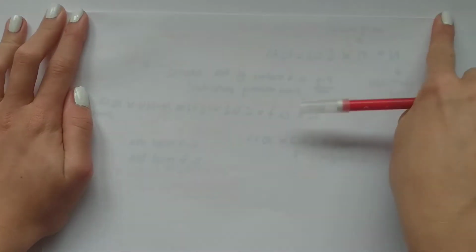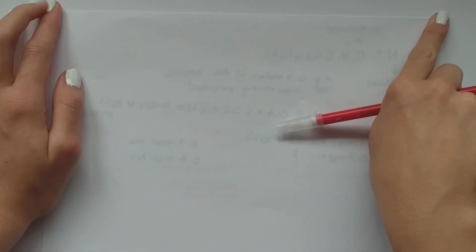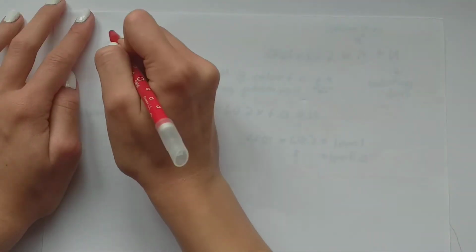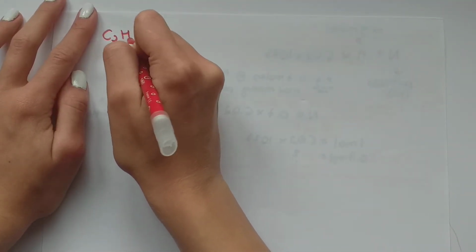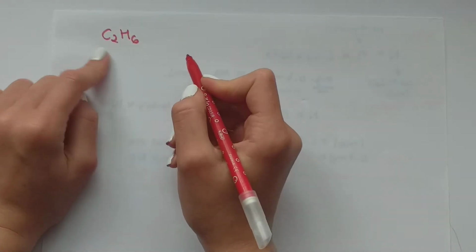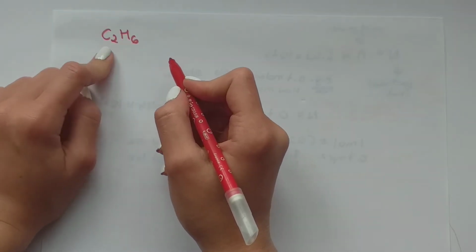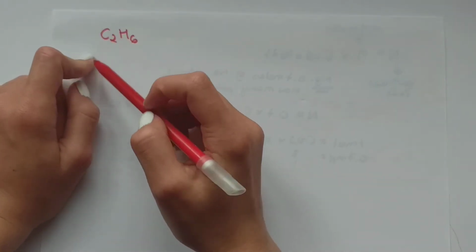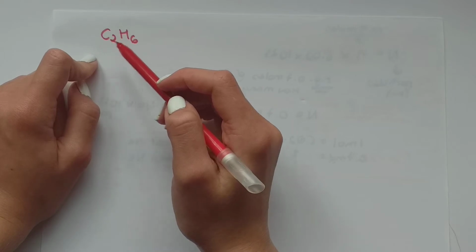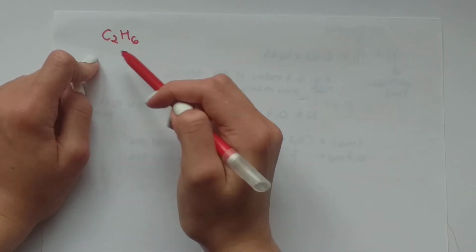So before we go any further, what is an empirical formula? Empirical formula is the smallest ratio between atoms in a formula. So if you had C2H6, this is the molecular formula for ethane.